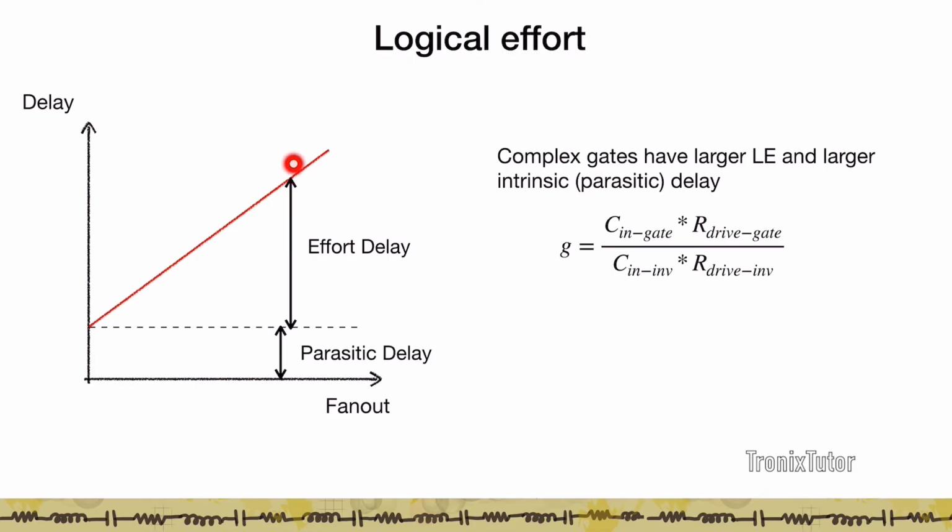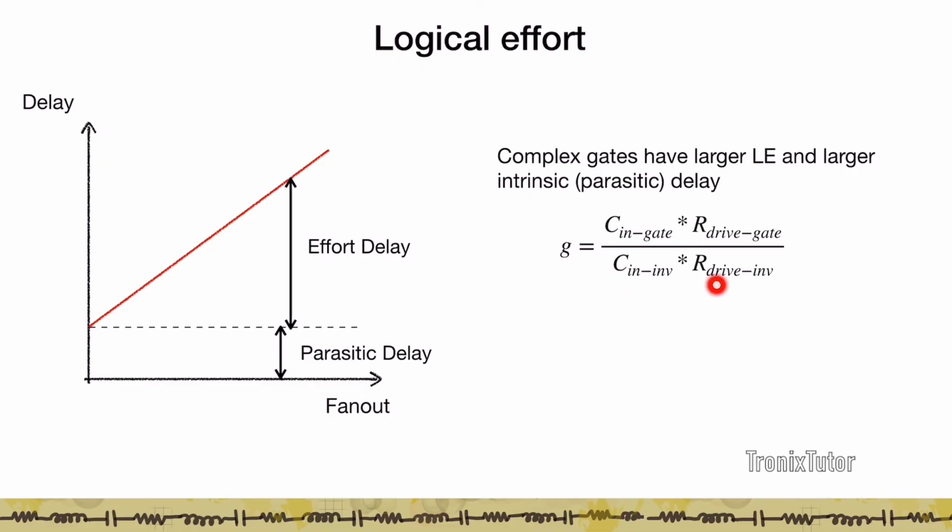By saying that the logical effort of a NAND 2 gate is 4 by 3, what I'm essentially saying is that the NAND gate has a 33% higher delay when compared to an inverter for the same fan out. So we see that complex gates generally tend to have a larger logical effort and hence a larger effort delay. Additionally, complex gates also have larger parasitic delays.